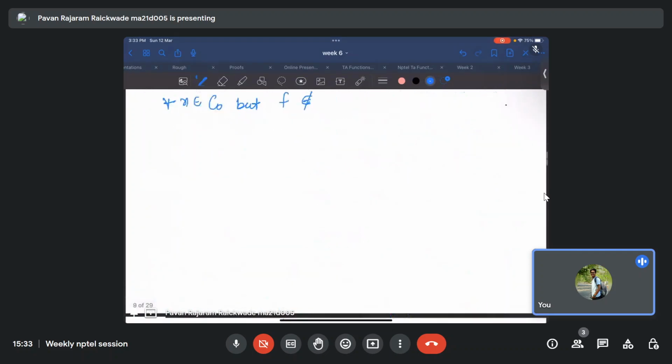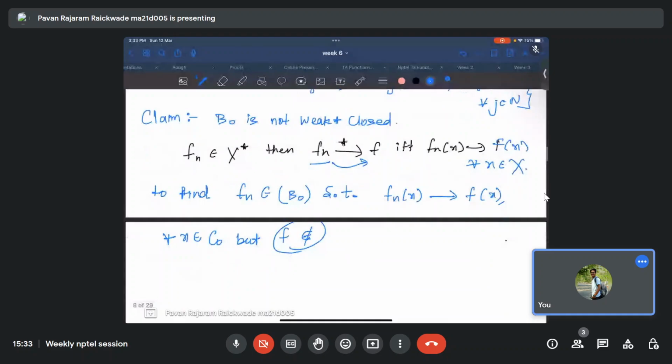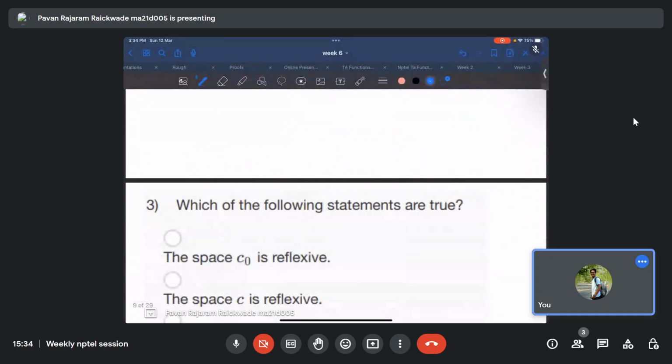Question number three, I'll get back to this later. Go to question number three, part two. I'm not remembering what the counterexample was. Just a minute.